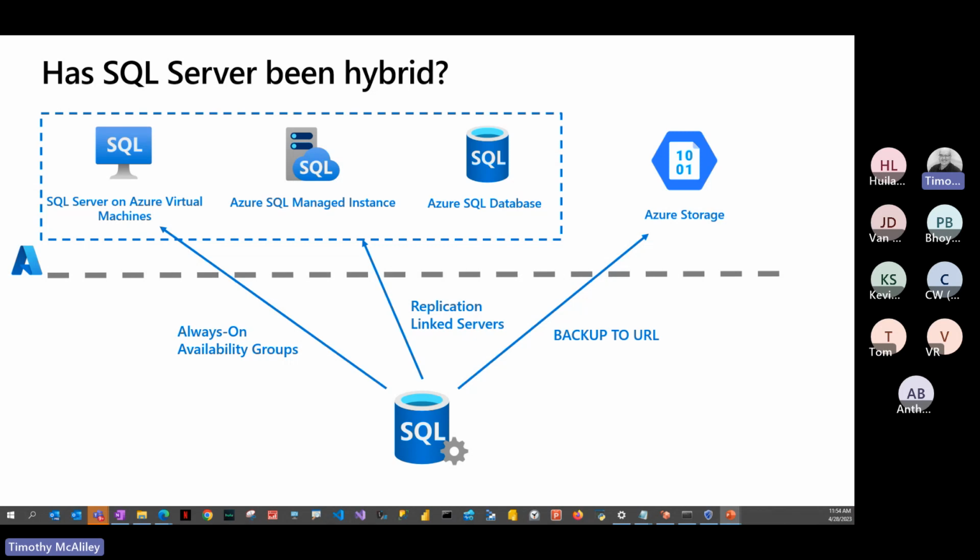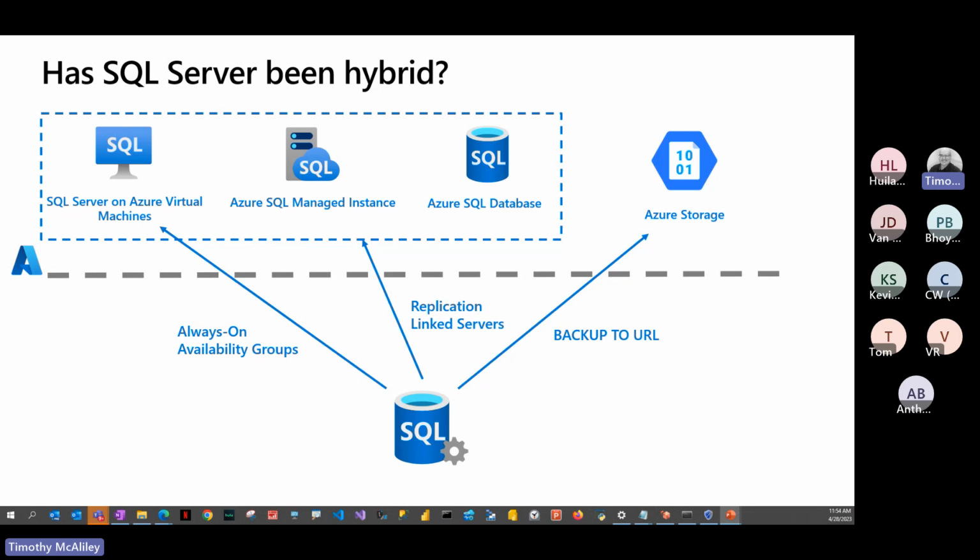And then the Azure SQL database. That's absolutely hybrid. That's a platform as a service relational database management system where you as a DBA or developer can see the master database a little bit, but you're just interacting with the database itself.